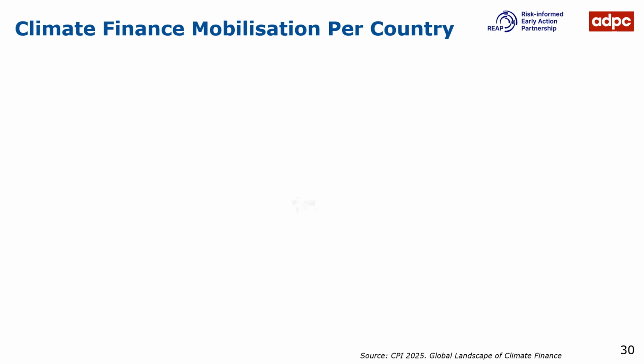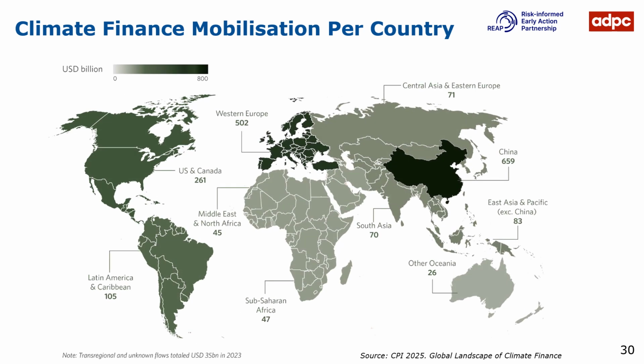This slide shows that climate finance is geographically concentrated. From 2018 to 2023, a large share of global climate finance was mobilized in three regions: East Asia and the Pacific, Western Europe, and the United States and Canada. China dominated flows within East Asia and the Pacific. This also tells us that climate finance does not automatically reach the places of highest vulnerability.